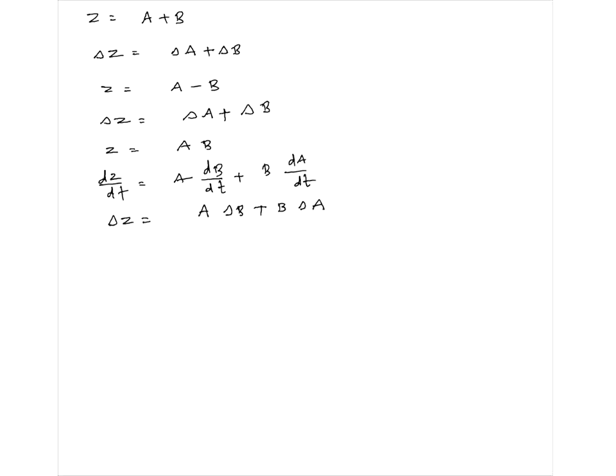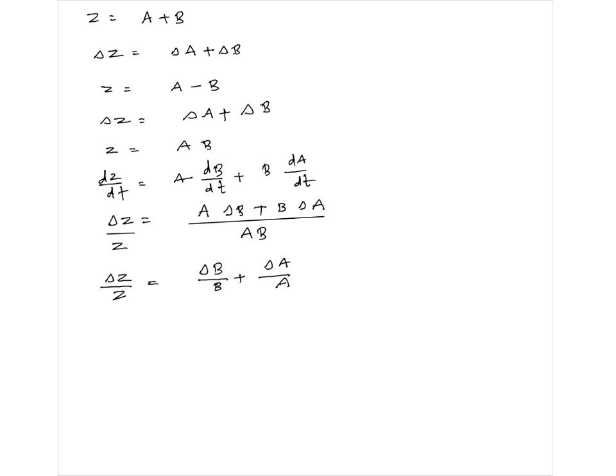You already got your answer, but just to get it in that form, delta z by z, we divide both sides by z. So fast, isn't it?